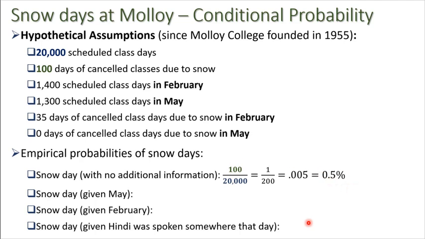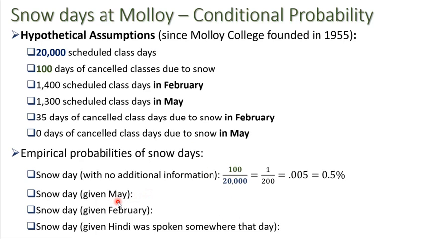So regardless of whether you're viewing this experiment as selecting one of these 20,000 scheduled class days at random, or viewing this as 20,000 trials where you had an opportunity for snow to occur, the probability of getting a canceled class day due to snow would be 100 over 20,000. That's the number of days that were canceled due to snow over the total number of class days.